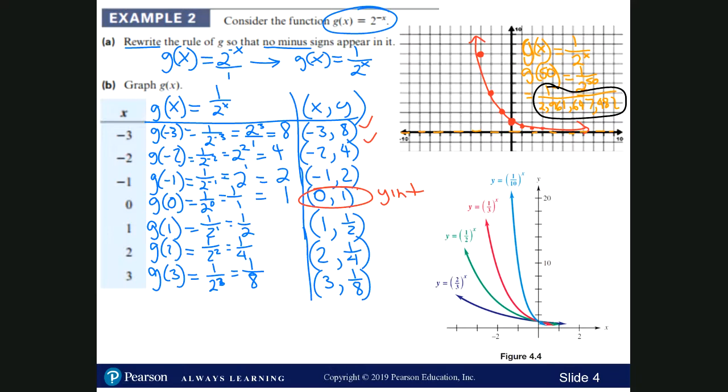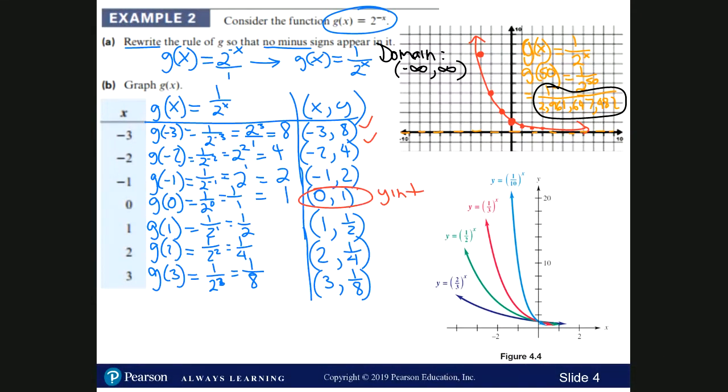However, that number is still positive. And it doesn't matter how big we make our x value, the fraction that we will get, or the decimal that we will get, will still be positive. It will not be 0. So the domain of this function is the same as the previous one, negative infinity to positive infinity.